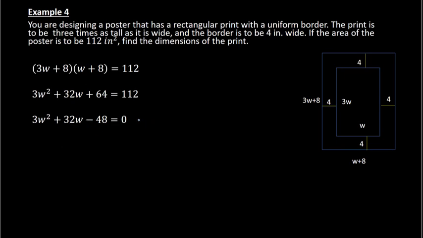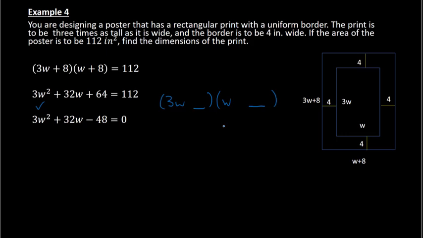So from here we can factor. So that left side, we would have 3W times W to get 3W squared. And then we need to get negative 48 for this last term. We get that by multiplying two numbers together. So this will take some trial and error. You could do 1 times 48, 2 times 24, 3 times 16, 4 times 12, or 6 times 8.